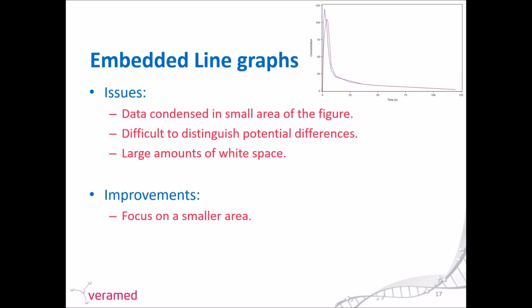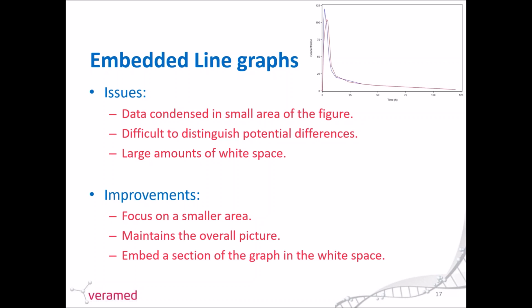So how do we get around this? Well, an option is to focus onto a smaller scale of the PK plot, maybe the first 24 hours, or in this example, the first 8 hours. But you still want to maintain that overall picture to see the full PK profile.